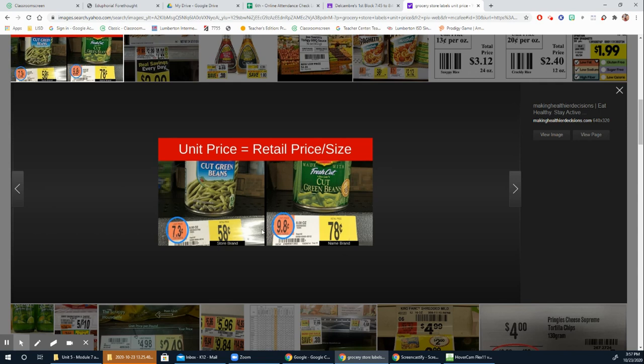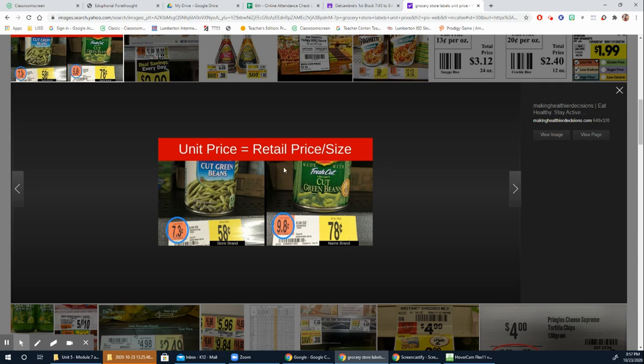If you look closely, the unit price, this one's 9 cents per ounce. I'm assuming that this is weighed per ounce. And this is 7 cents per ounce. So you'd actually save money by purchasing the store brand green beans over the regular name brand green beans.